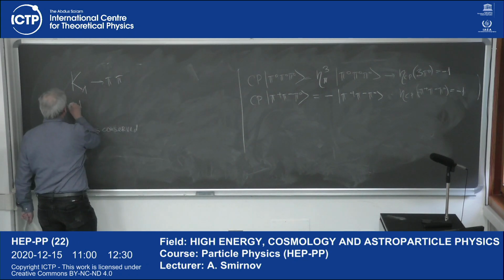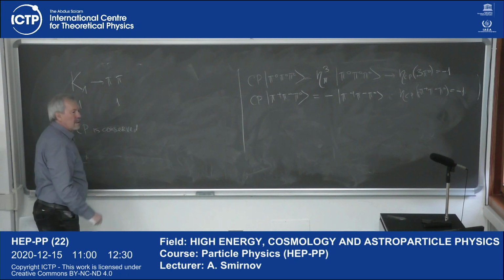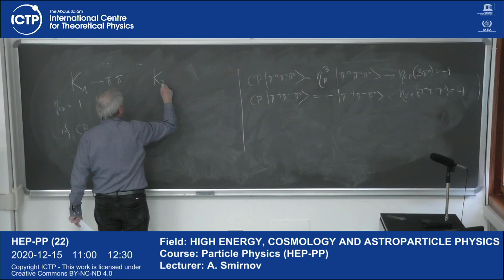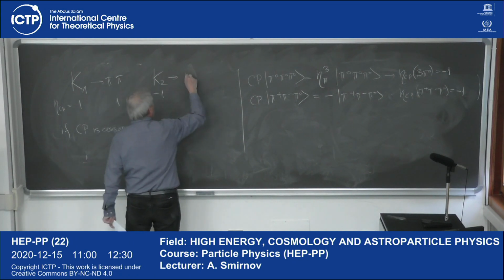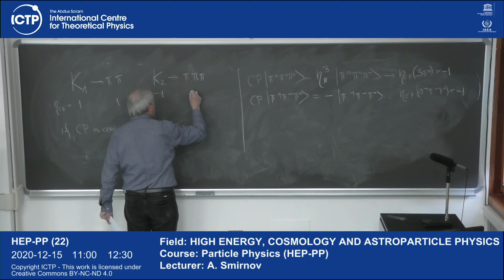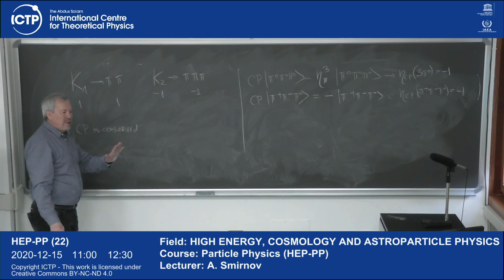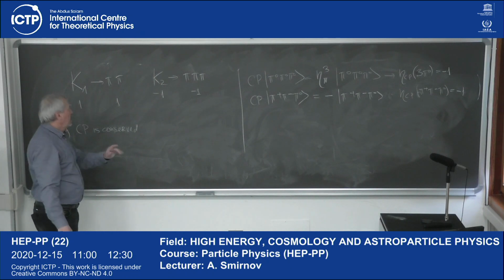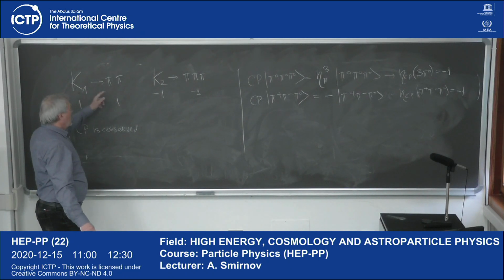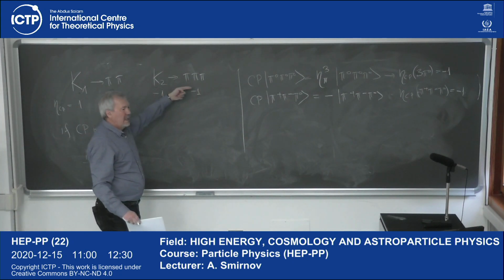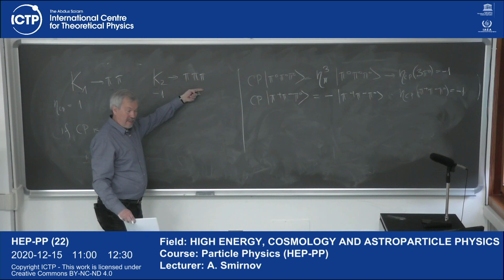In contrast, K2 with CP parity minus 1 can decay only into 3 pions. This has CP parity also minus 1. Again, if CP is a good symmetry of the theory, K1 can decay only into 2 pions and K2 can decay only into 3 pions.